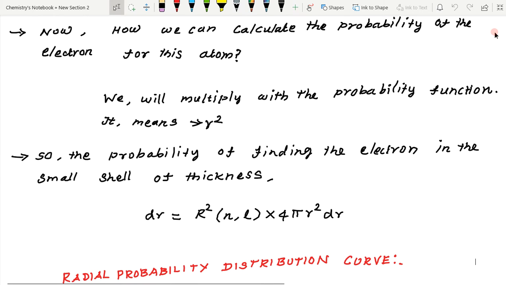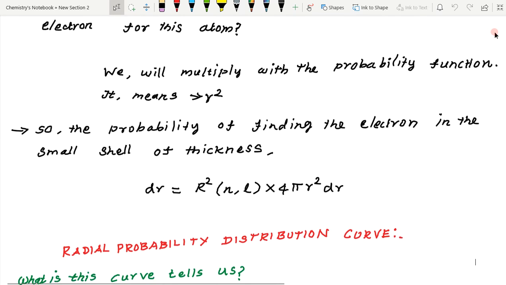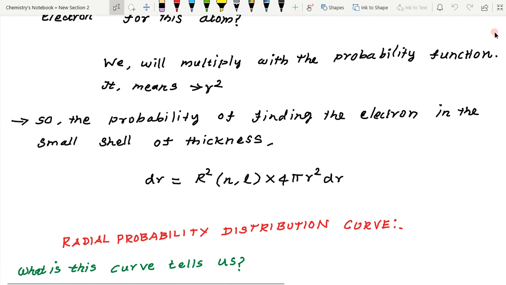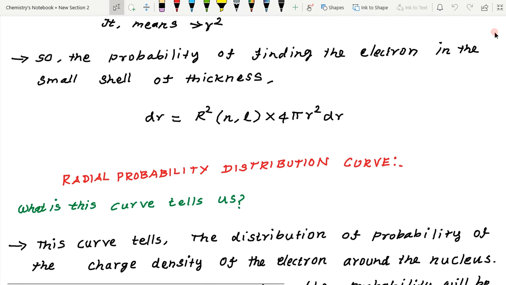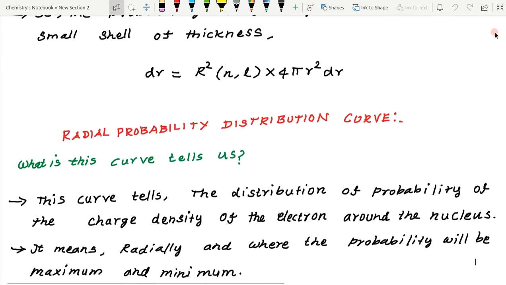We multiply with the probability function, R square. So the probability of finding the electron in the small shell of thickness dr equals R square n l into 4 pi r square dr.